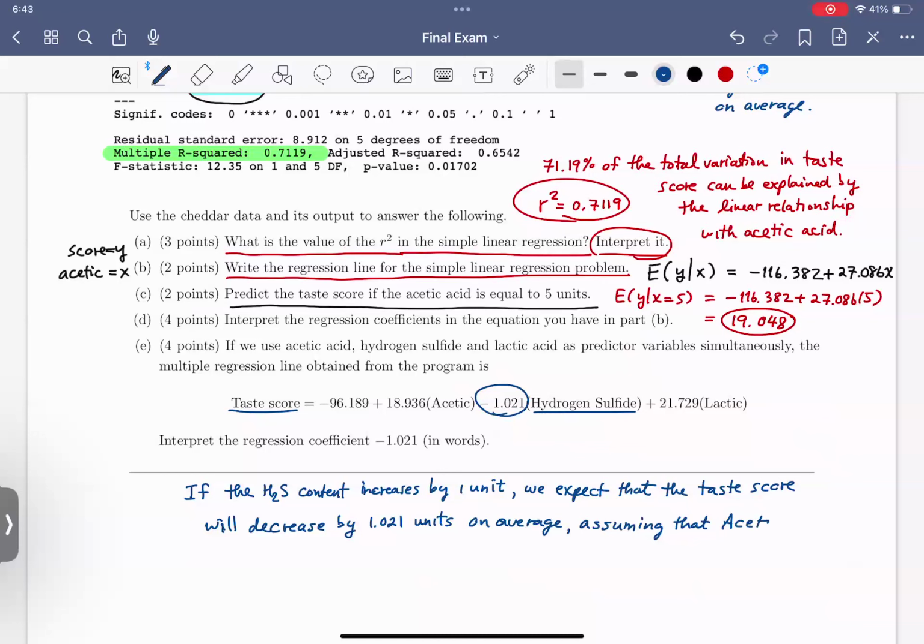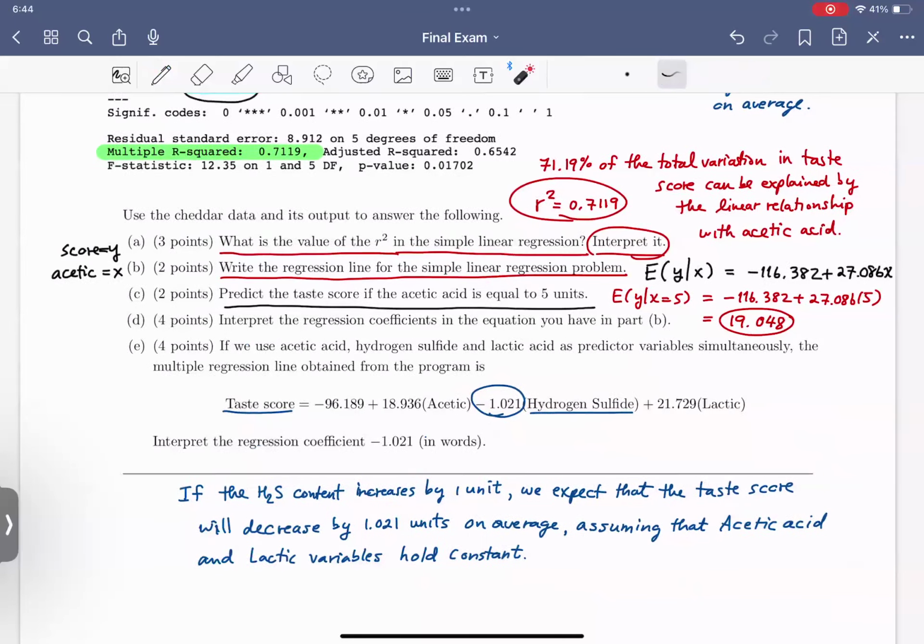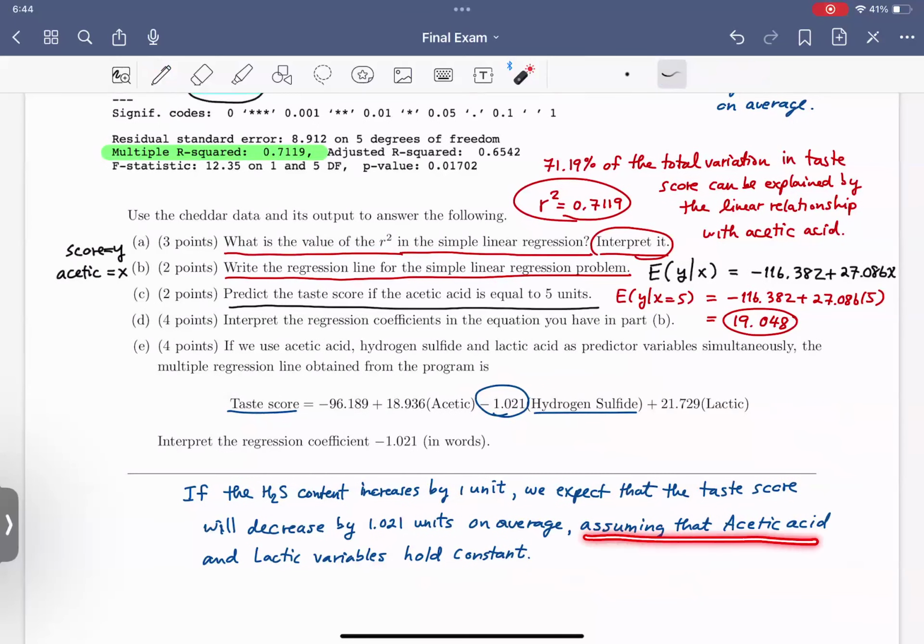acetic acid and lactic variables hold constant, or do not change, something like that. The keyword is that you have to say at the end that the other variables do not change.